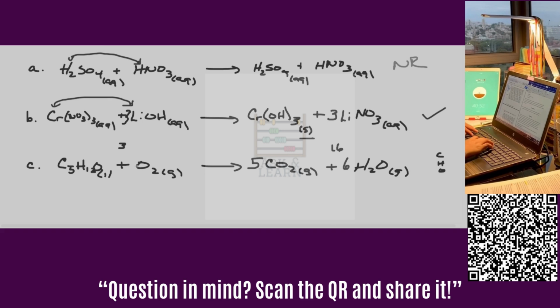Now, the only way I can add more oxygen to the left is adding more O2, because if I add it to the first one, it's going to change everything. But the problem is, if I add more O2s, this 3 continues to be an odd number. 3 will become 5, 7, 9. And I'm never going to get 16.